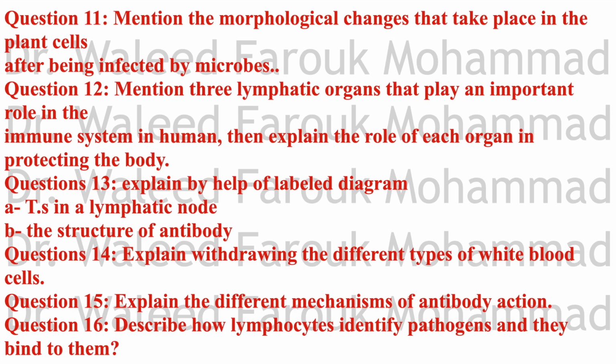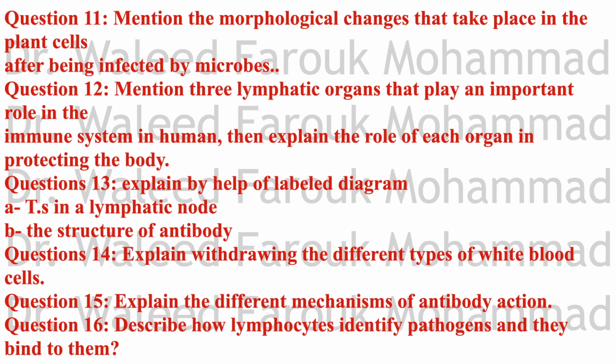Okay, mention 3 lymphatic organs that play an important role in the immune system in the human body, and then explain the role of each organ in protecting the body. Tonsils, for example, pick up any microbe or foreign body that may enter with food or air and prevent its entry to the body.